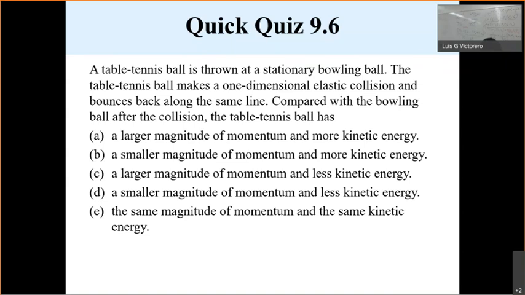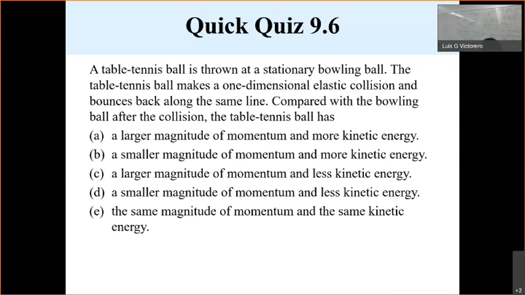So the momentum of the tennis ball initial is equal to the momentum of the tennis ball final plus the momentum of the bowling ball final. So it cannot have a larger momentum. It needs to be smaller. It cannot be the same either. Right?